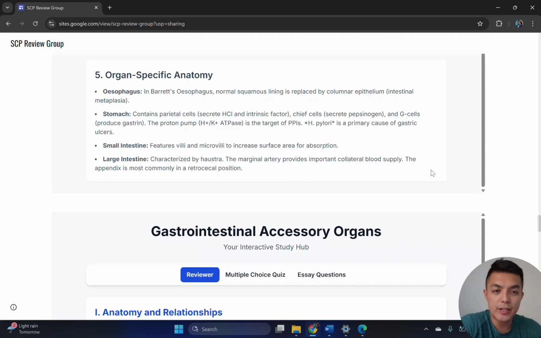And then H. pylori is the primary cause of what? Gastric ulcers, the H. pylori. Helicobacter pylori. Next is the small intestines. Its features, villi and microvilli, are their distinct characteristic, which increase their surface area for absorption.